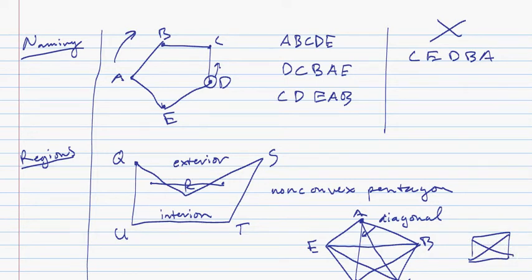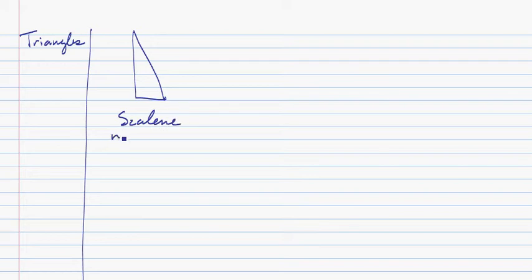Okay, and then lastly, there are 3 types of triangles we need to remember. First of all, you might have a triangle with no equal sides. This guy is called scalene. So let me write that, no equal sides.